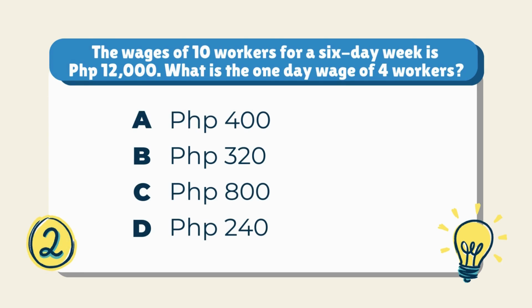Question number 2. The wages of 10 workers for a 6-day week is 12,000 pesos. What is the one-day wage of 4 workers? A. 400 pesos. B. 320 pesos. C. 800 pesos. D. 240 pesos.